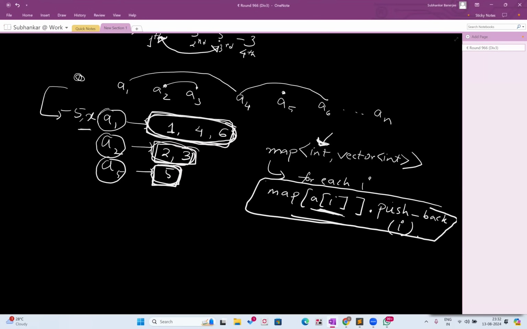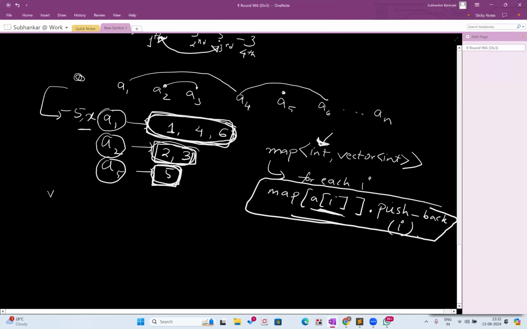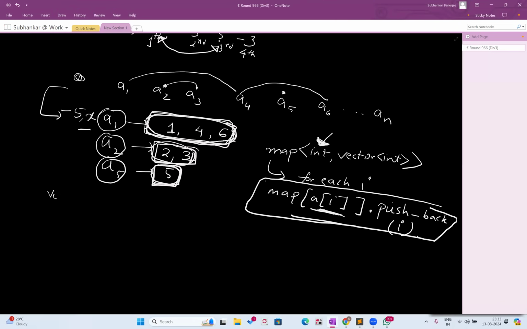So I'll store these vectors in a vector of vectors. The space complexity is still O(n), because the sum of the lengths of these vectors is n, because an index can go into only one key.